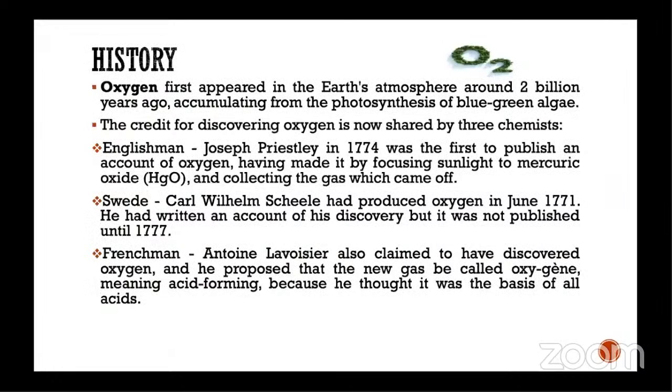Oxygen appeared on our planet about 2 billion years ago, accumulating from photosynthesis of blue algae. But the credit for discovering oxygen scientifically goes to 3 scientists: Joseph Priestley in 1774, Carl Wilhelm in 1777, and the Frenchman Antoine Lavoisier.